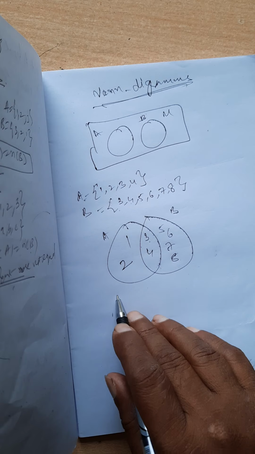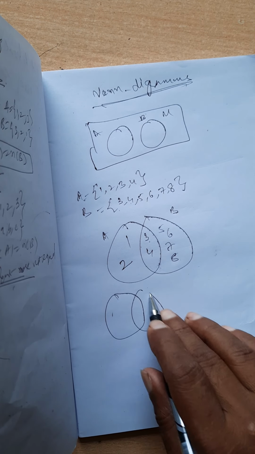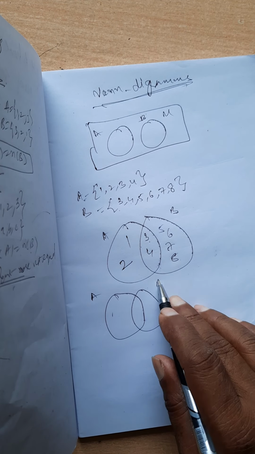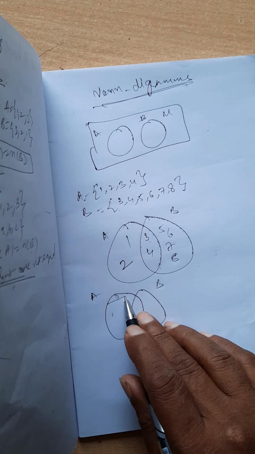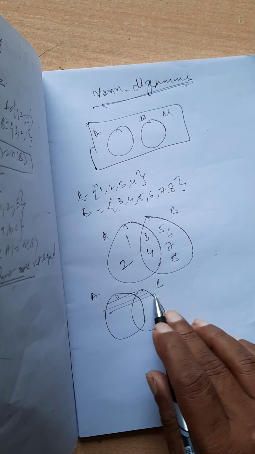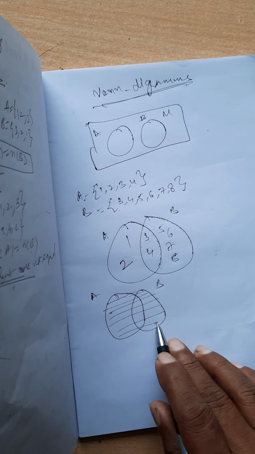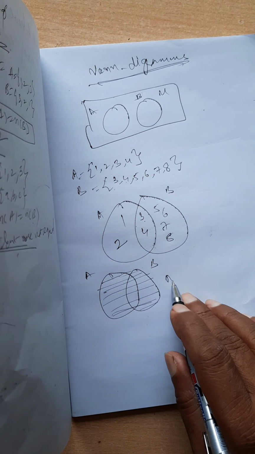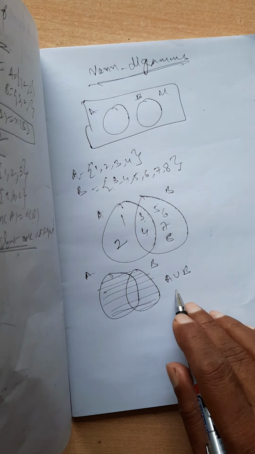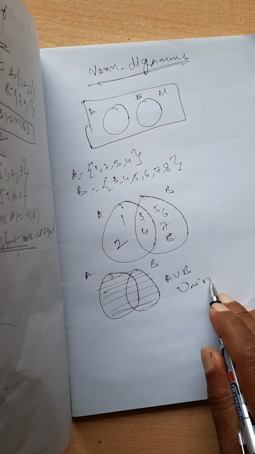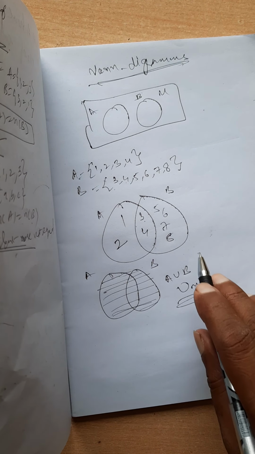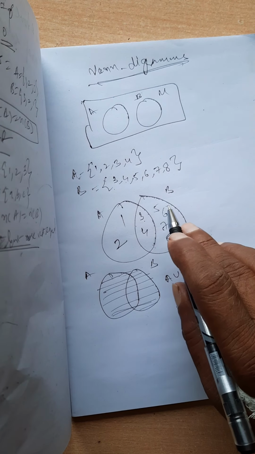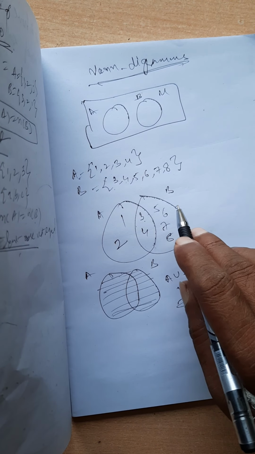A shaded region is there. Suppose I am writing these two sets. This is A, this is B. Union will be all the shaded part of A and B. This is called A union B. Union means we have to mix the two sets' elements into one set.